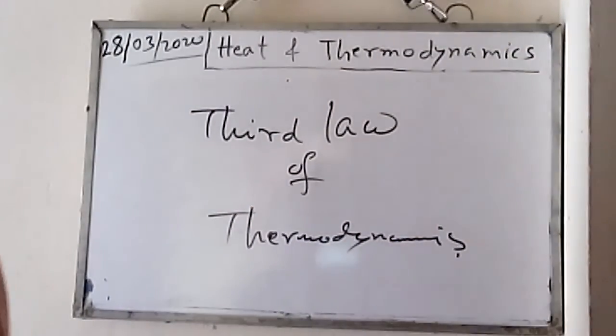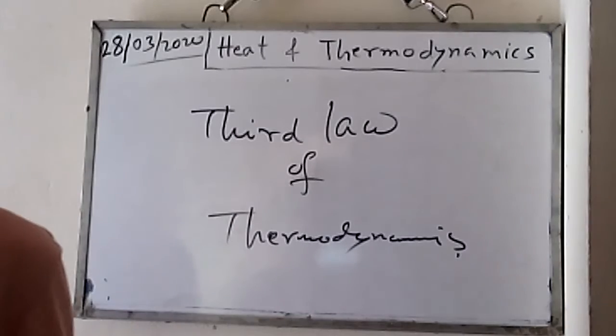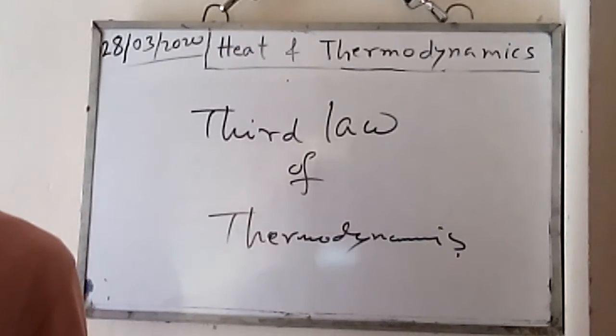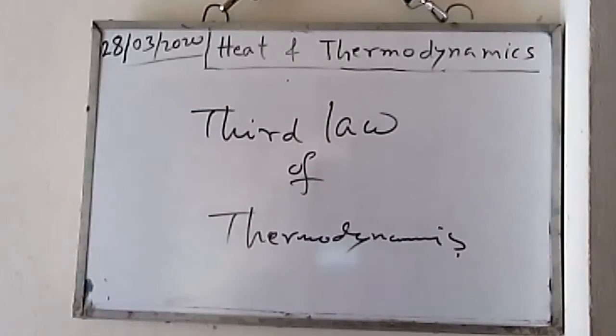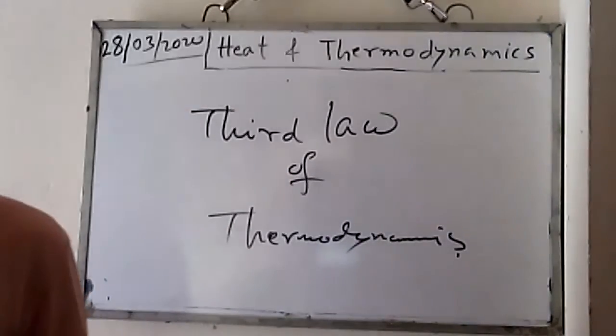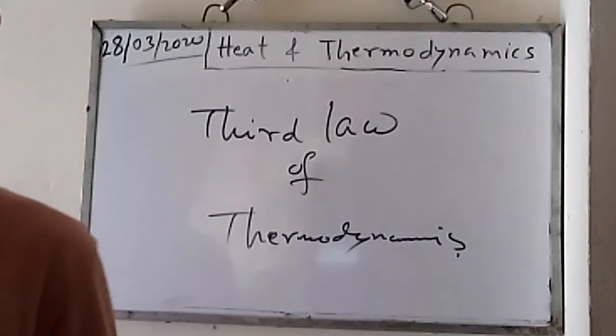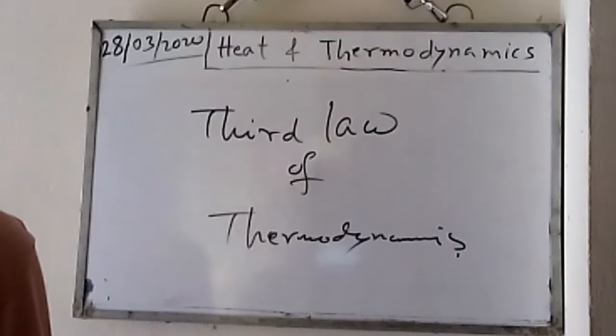It states that the entropy of a system at absolute zero is a well-defined constant, and this constant is zero. Absolute zero means minus 273 degrees Celsius. This is called absolute zero temperature.